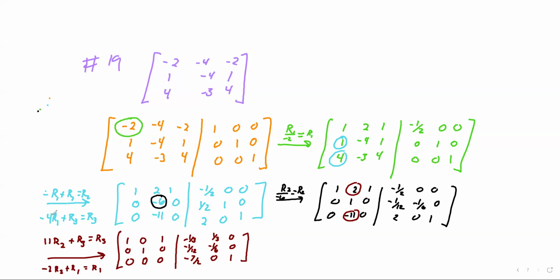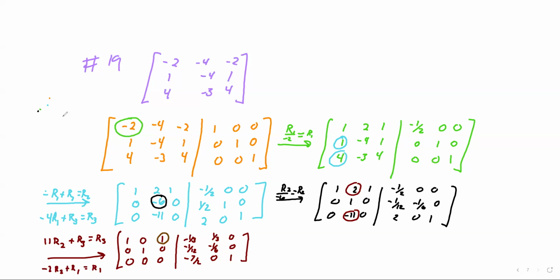All right, the only move I have left is I need to turn this guy into a 0. And I don't think I can. Unless I switch. Yeah, I think this is one of those special cases.